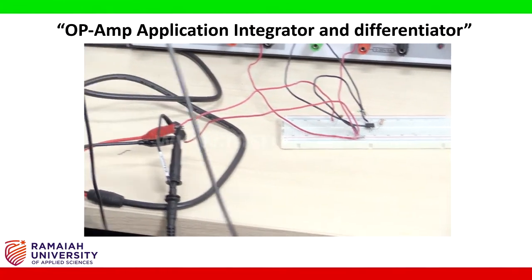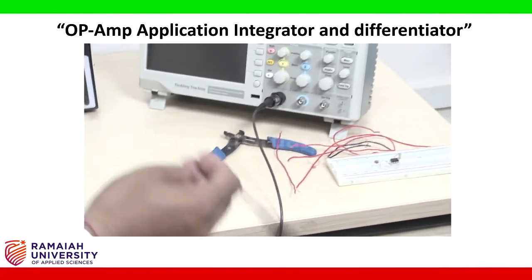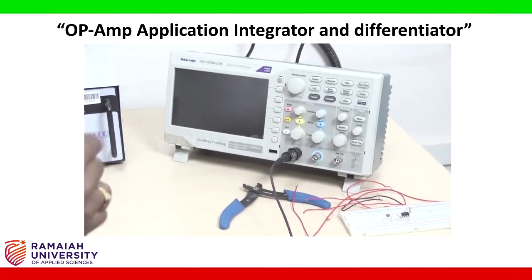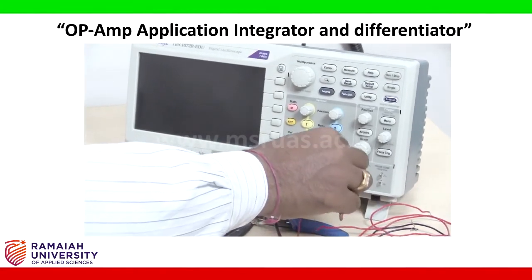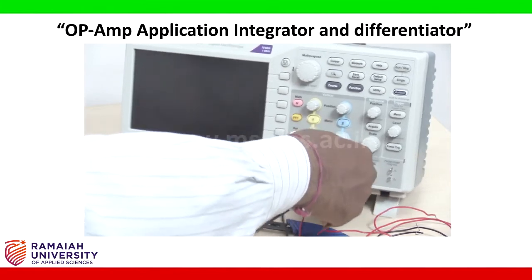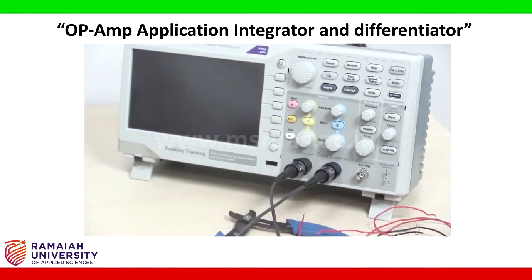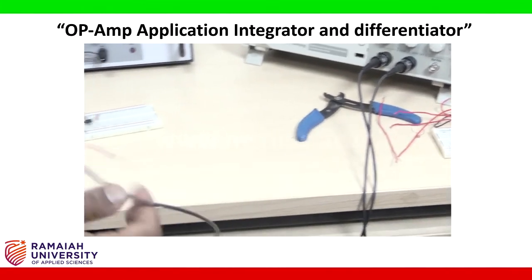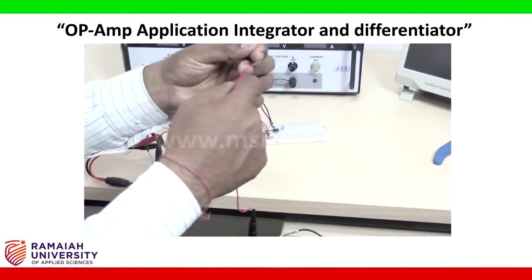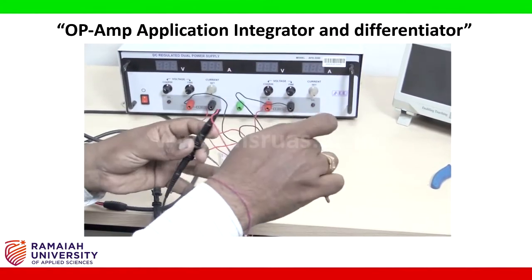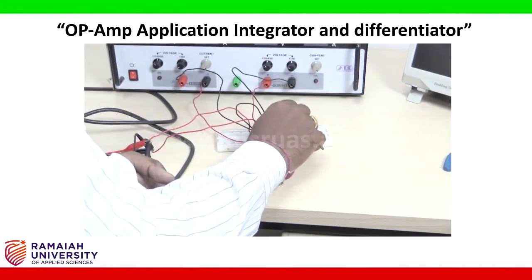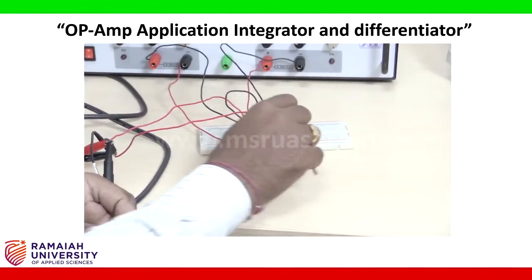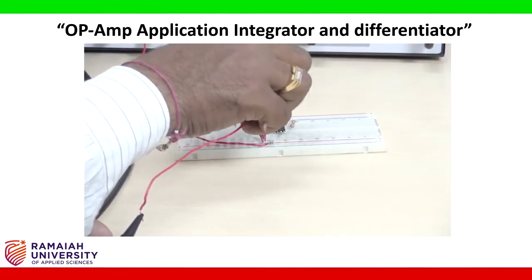Now I am going to connect wire 2 to see the output, to terminal 2. The positive of this terminal will be connected to pin number 6. This is pin number 6.